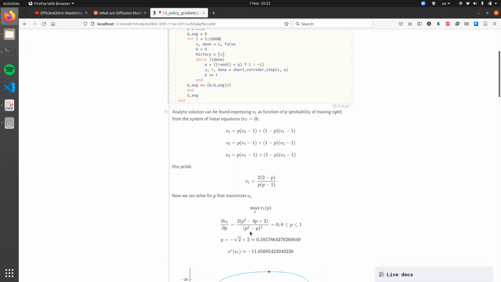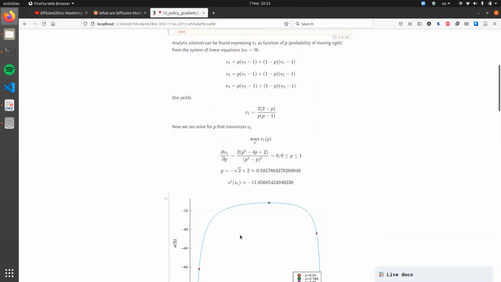That makes sense, as I mentioned before: making the probability of moving right 0, which means always move left, or 1, which means always move right, we never complete a single episode, and we have negative infinity for the value of state 1. That should make sense as well.